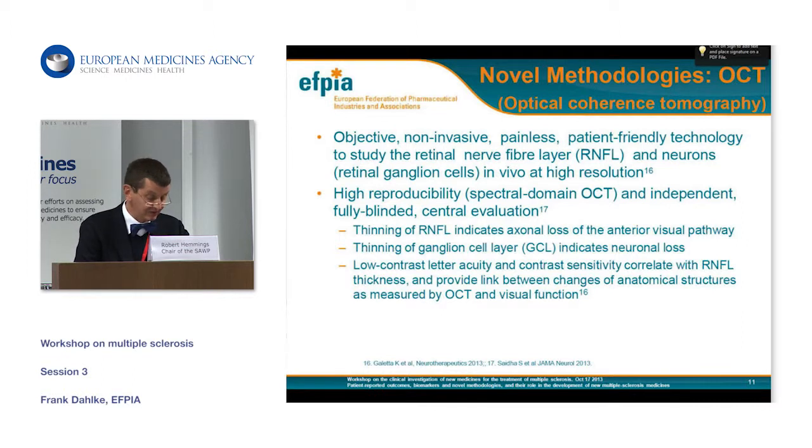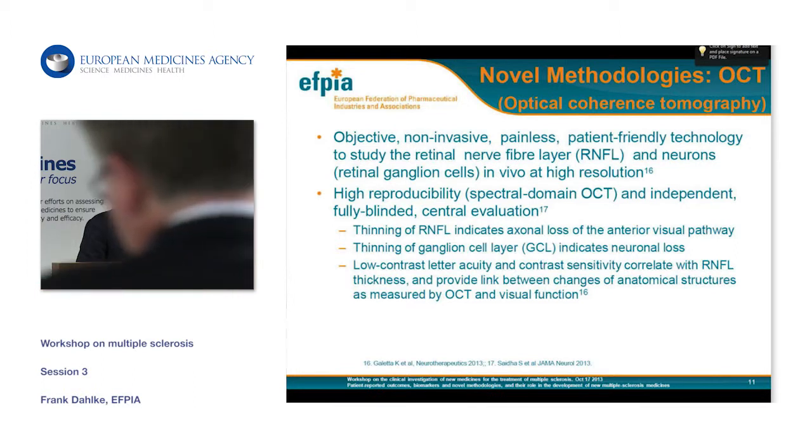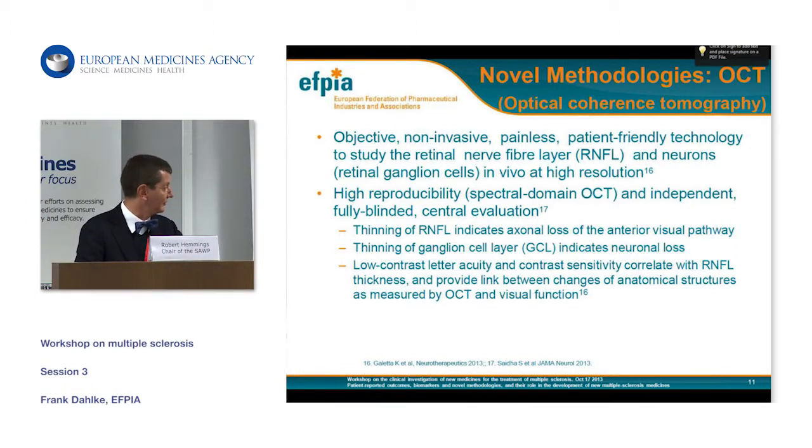And quite nicely, you have a clinical correlate with visual acuity, which you can link to changes you see in the anatomic structures, which is very appealing to many of us, and probably also for regulators at the end of the day, to have that meaningfulness established.